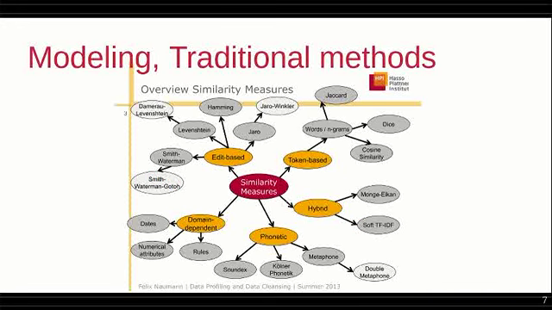To deal with this kind of problem, we can use traditional methods to find the similarity between two strings or two names. Among the most popular methods are Levenshtein, cosine similarity, and n-grams.